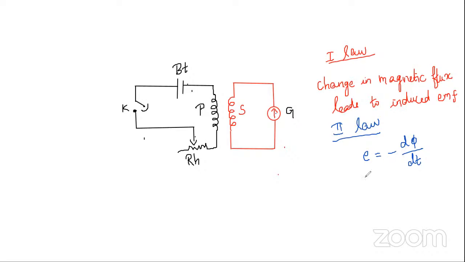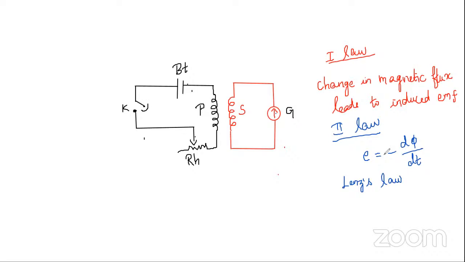That means the induced EMF always flows in a direction to oppose the change in flux. This can be explained by Lenz's law, which tells why there is a negative sign here.